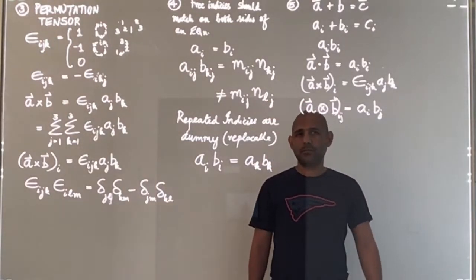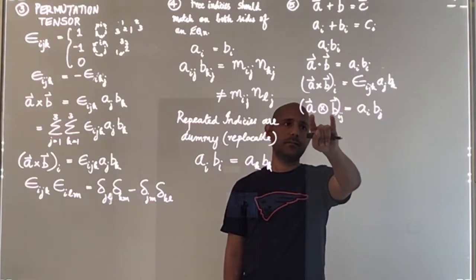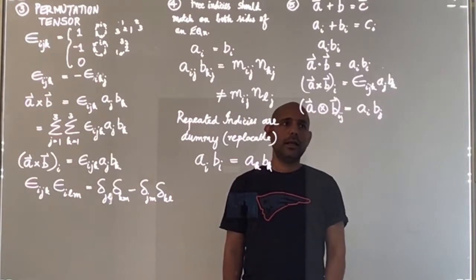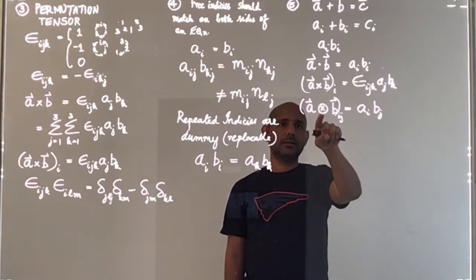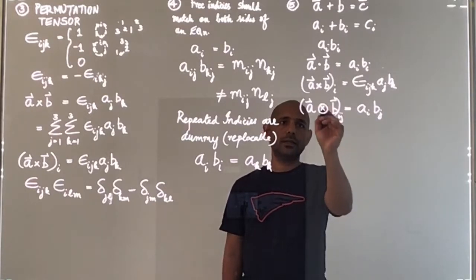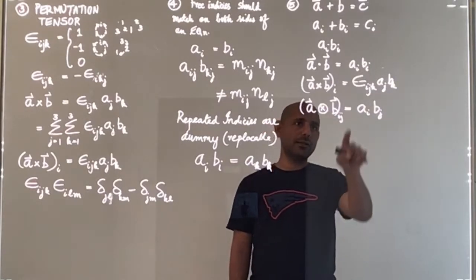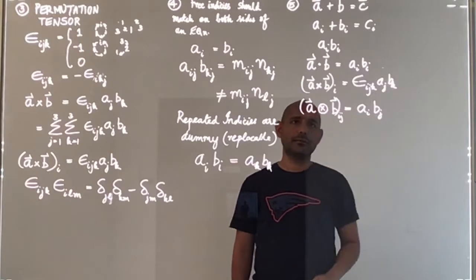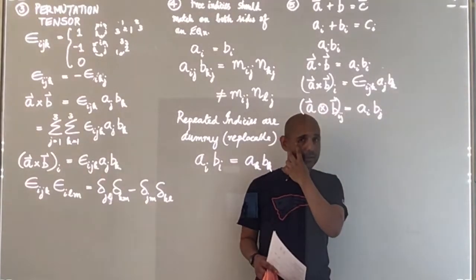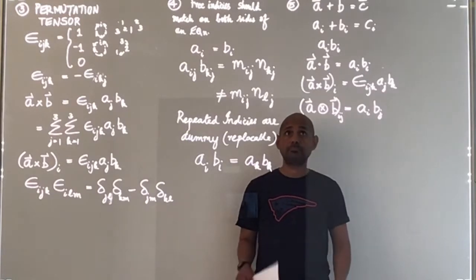Dyadic operations are operations that take you from vector space to tensor space. For now, just remember that if you see this notation with a cross inside a circle, that implies you get a two-dimensional object. We will see more of this when we actually do continuum mechanics.